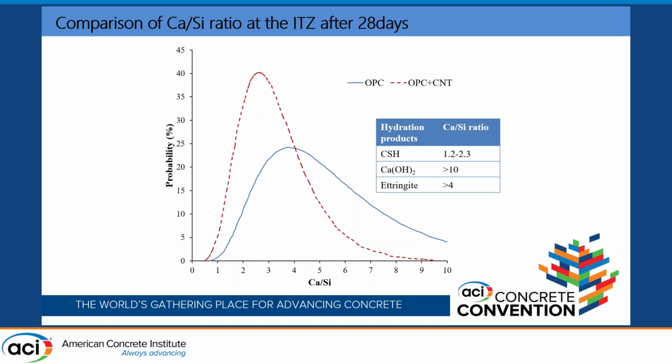So you can see that the calcium to silica ratio decreases when you have CNT. And that obviously corroborates the increase in polymerization.